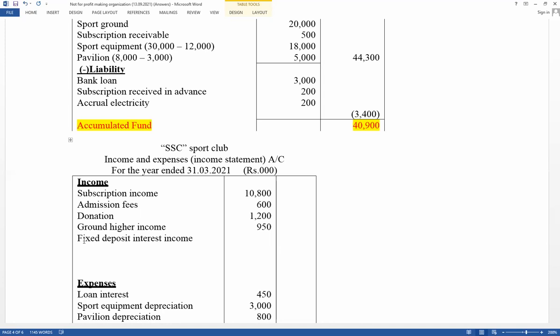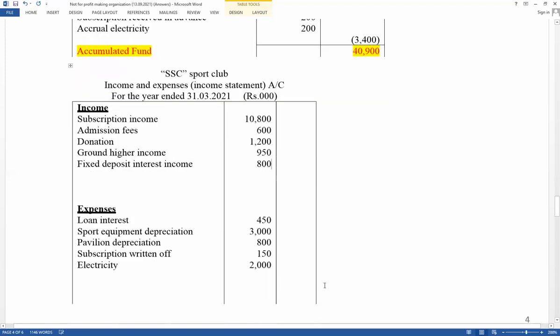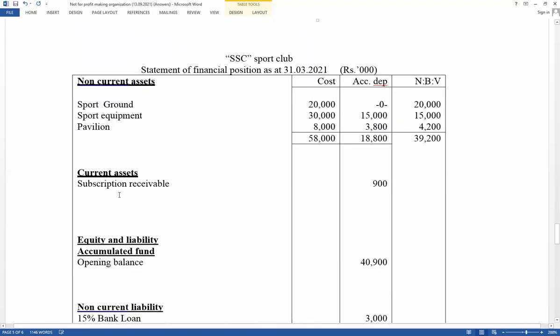As income, you have to consider only the 6-month value equal 800, and as it has not been received, under current assets as FD interest income receivable. In the financial position also, under current assets, as fixed deposit interest income receivable.